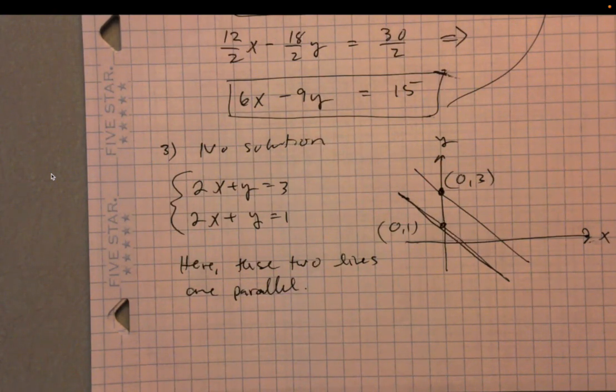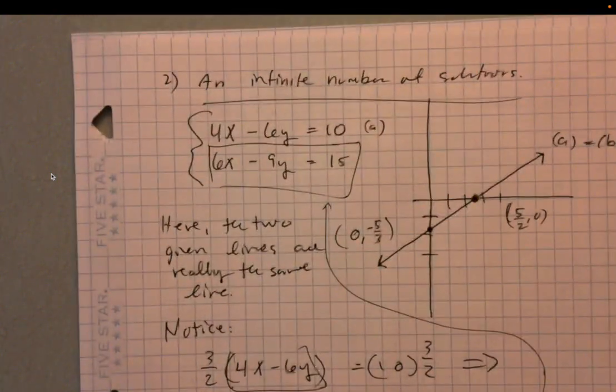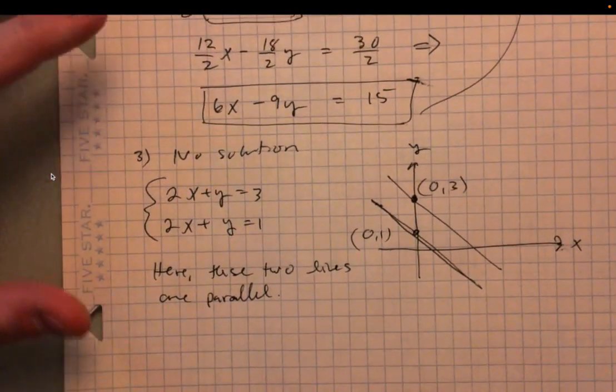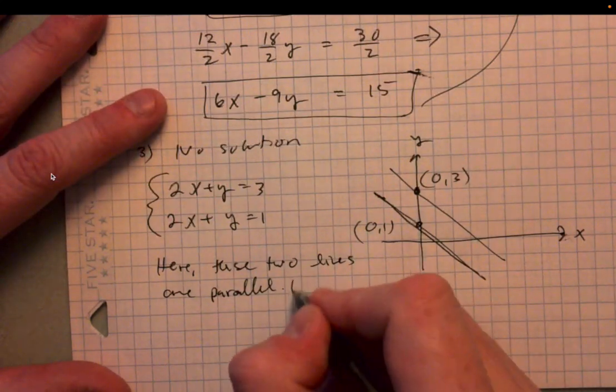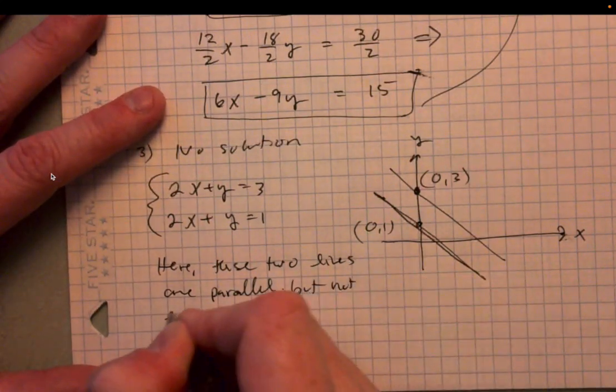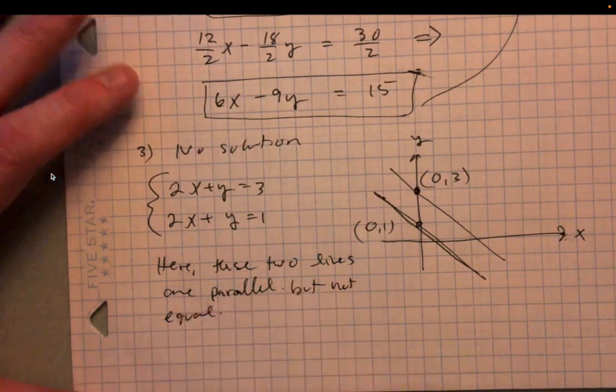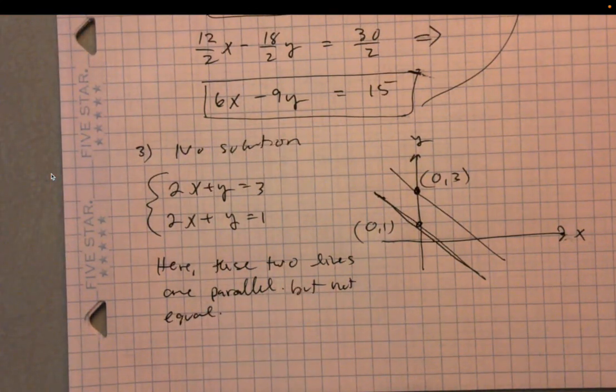In the previous example, the two lines up here were parallel as well, but they were identical. They had the same intercepts. Here, these two are parallel, but not equal. And so what do we know about parallel lines in the plane? Well, they never intersect.